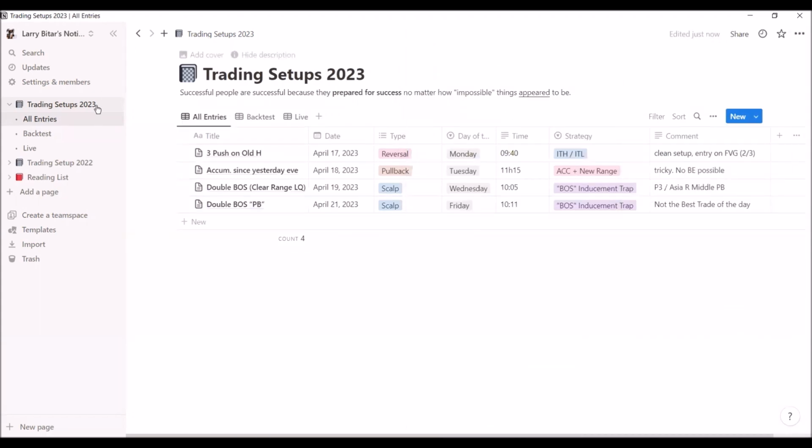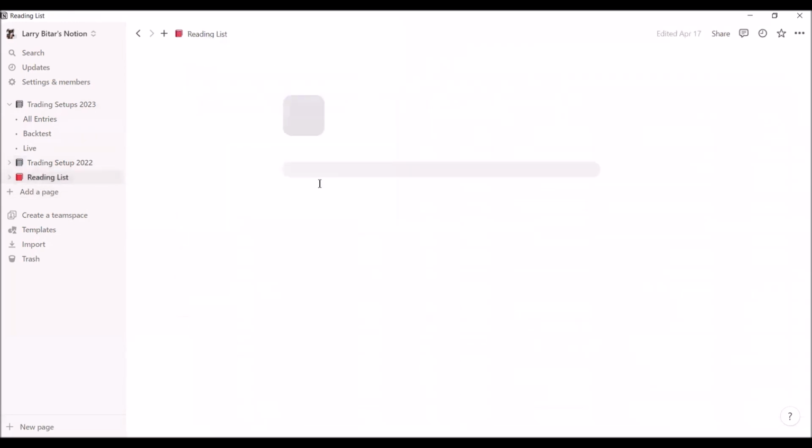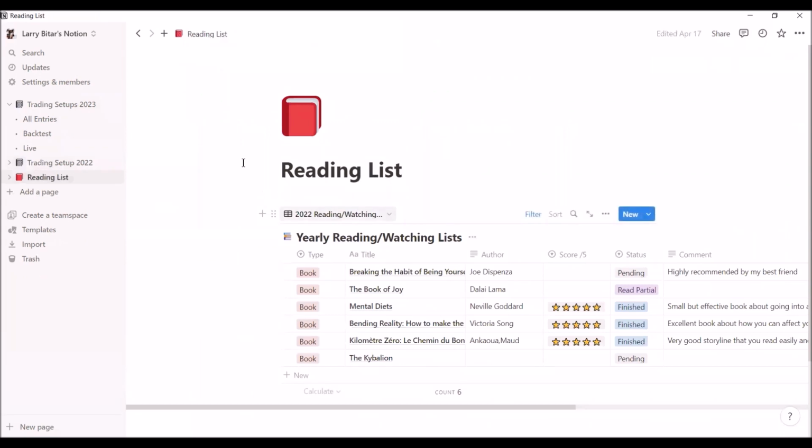The software which I'm using is called Notion. Larry's Notion, it's written right there. I've used it for a year now to record, for example, my trading setups of 2022, and I also have my reading list, etc., per year.